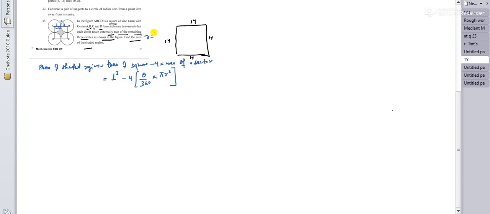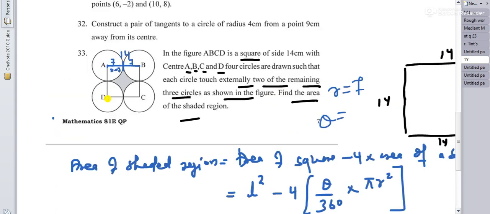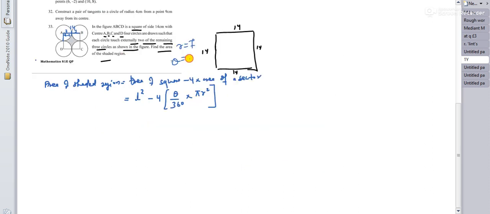So r is given, that is fine. But what about angle? What is theta? Since it is a quadrant, if you look at it carefully, the angle will obviously be 90 degrees. So theta is 90 degrees. Everything is given, just substitute. So this becomes 14 square minus 4 into 90 by 360 into 22 by 7 into r square, which is 49.